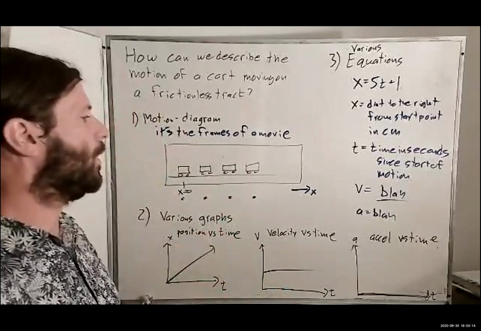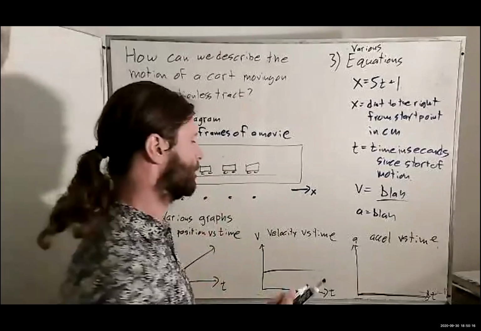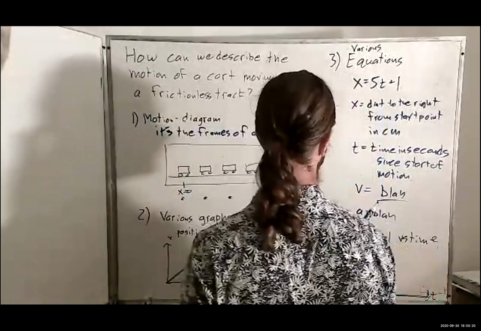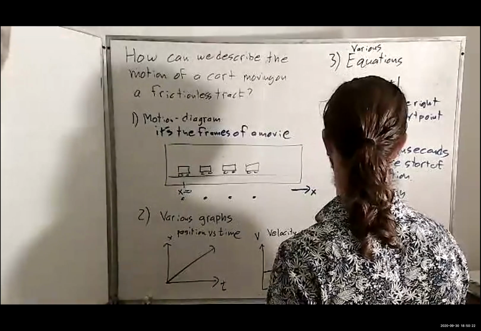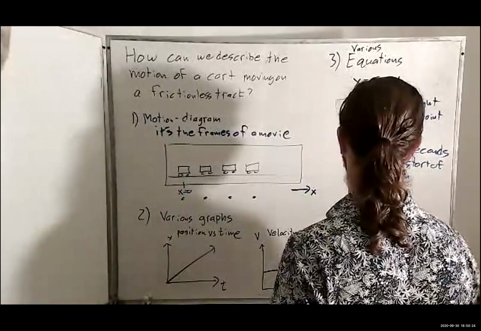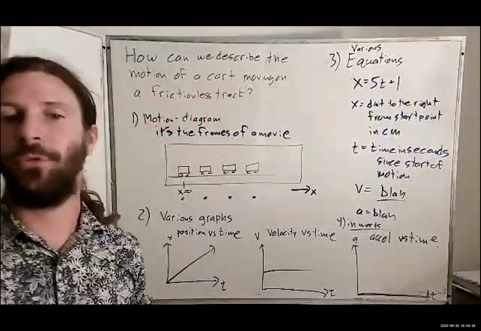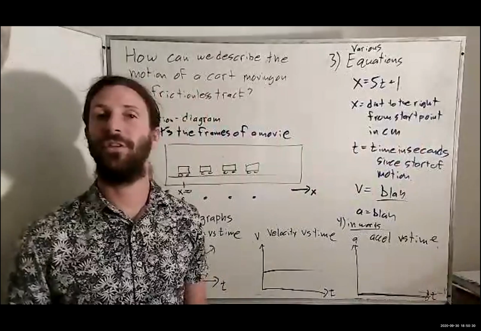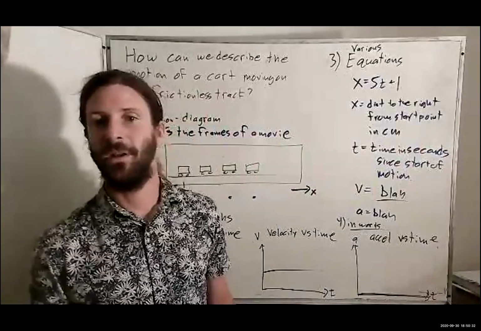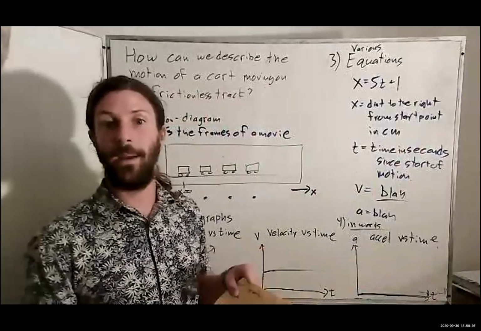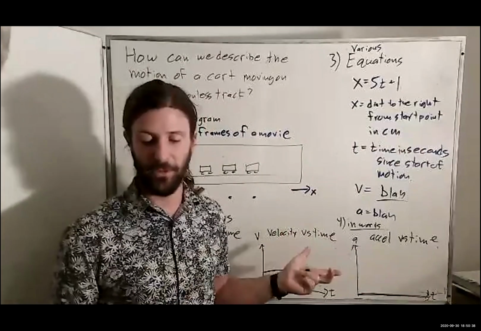And then the fourth one doesn't take up a lot of space. We won't do it too much. We can just say it in words. You can just say the cart was moving to the right at 15 centimeters per second on the track. Just describe it in words. That's another way we can describe it.